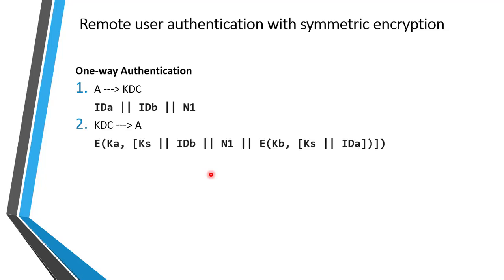After that, KDC will reply with the session key KS, ID of B and N1, which is encrypted using KA, with some information which is not decrypted by A, only decrypted by B. Now, A will directly send this encrypted message to B, along with a message which is encrypted with the shared secret key. This is known as one-way authentication.